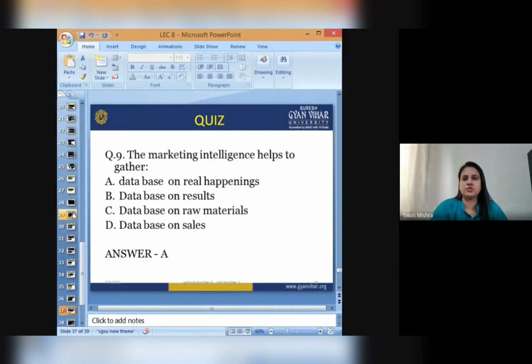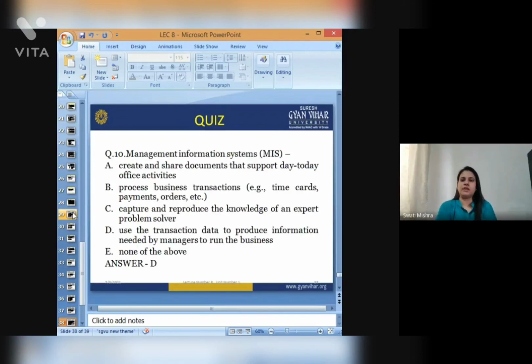Project manager. Here's my question number 9. The marketing intelligence helps to gather A. Database on real happenings, B. Database on results, C. Database on raw materials, D. Database on sales. And the answer is A. Database on real happenings. Question number 10. MIS A. Create and share documents that support day-to-day office activities.